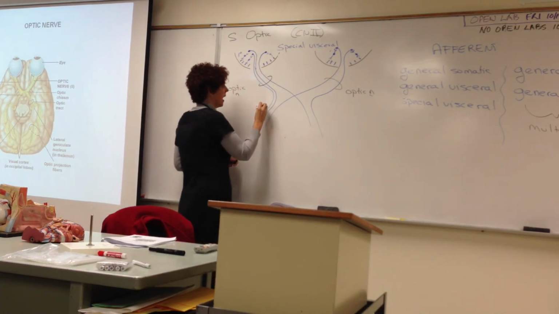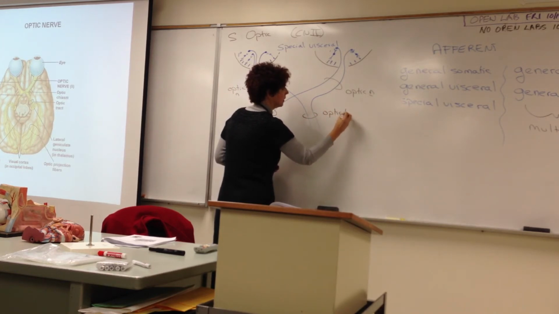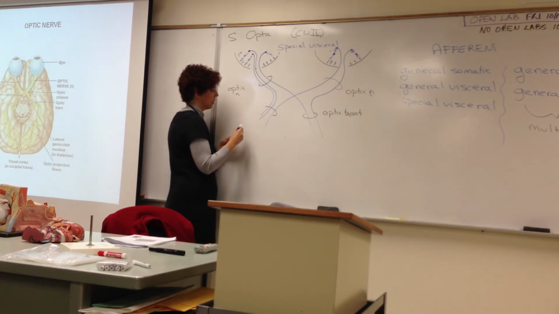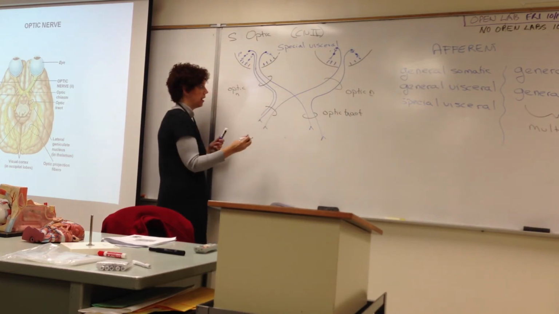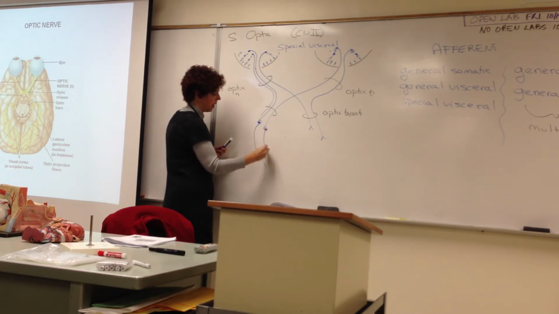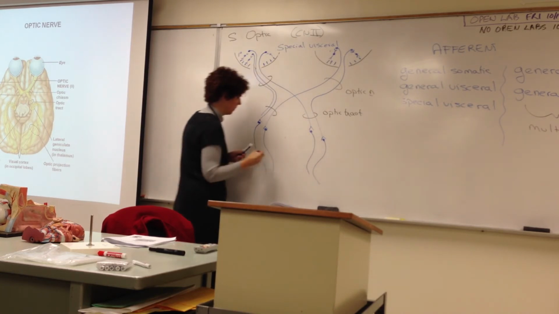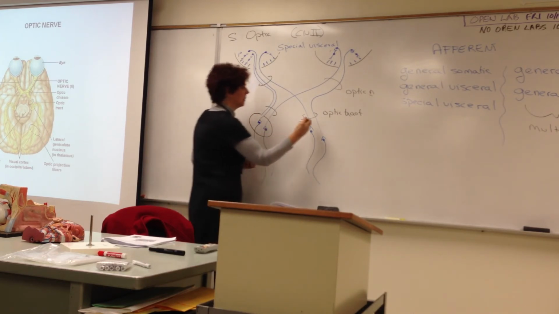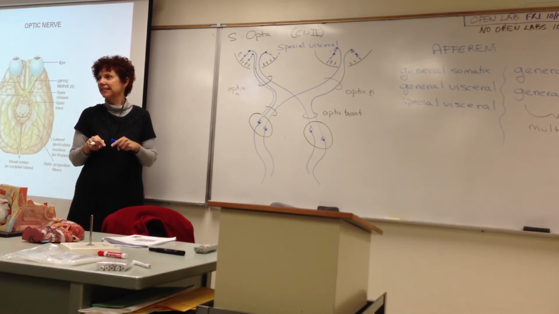It crosses, and then each of these is an optic tract. And these will go to the thalamus. So here they are going to synapse with the third neuron in our pathway. And that will go to the primary visual center. So is this a ganglion or a nucleus right here? Thalamus.